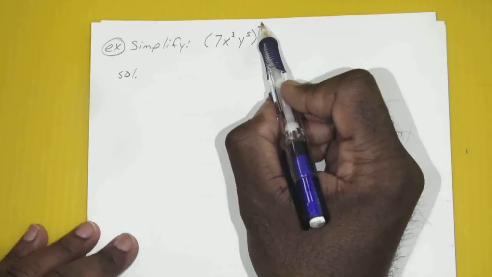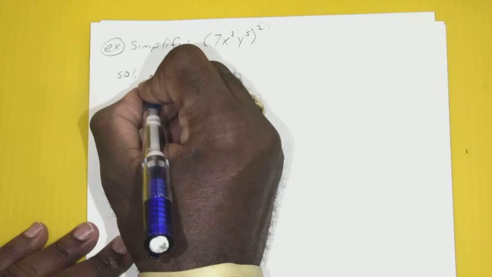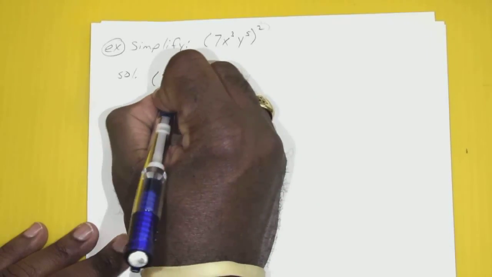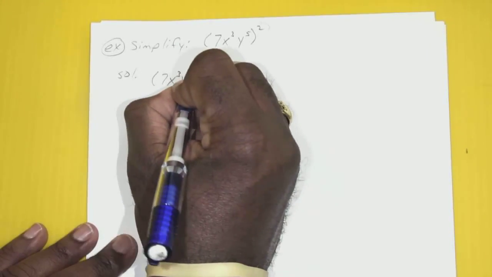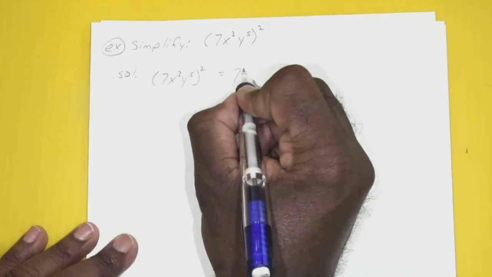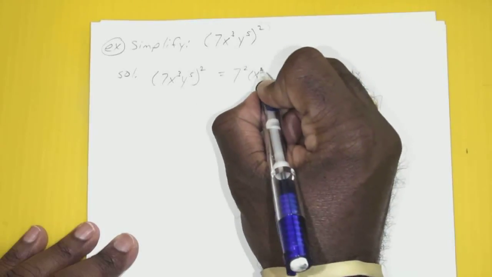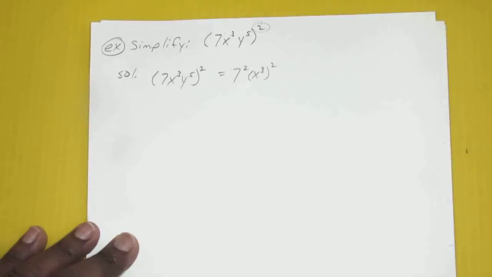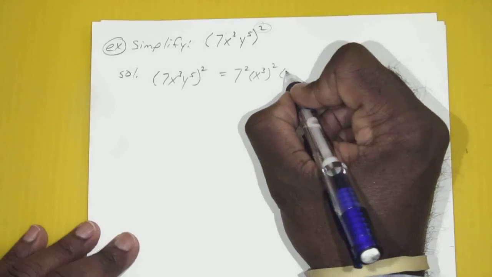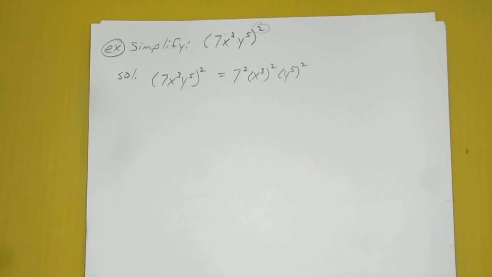Okay, so we get this, and we still distribute it to each one of those. So that's just going to equal 7 squared times x to the third power squared times y to the fifth power squared. So even if there's an exponent already there, you still distribute it.